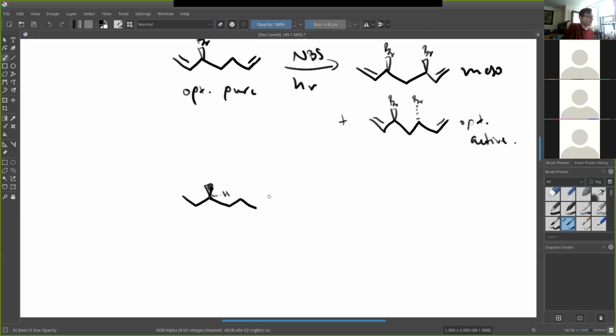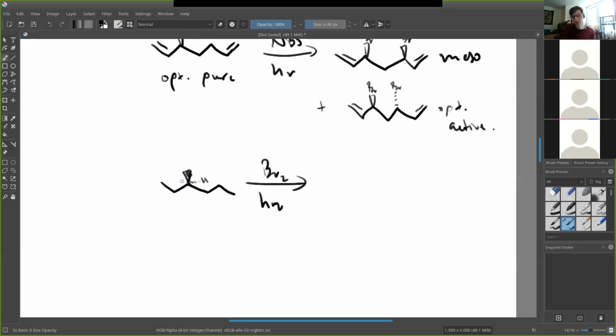Now what if I do this? I can use just bromine because there are no double bonds in this thing, so bromine itself is perfectly fine. There's 1 tertiary carbon, and bromine is pretty selective, so it's just going to take off that one.